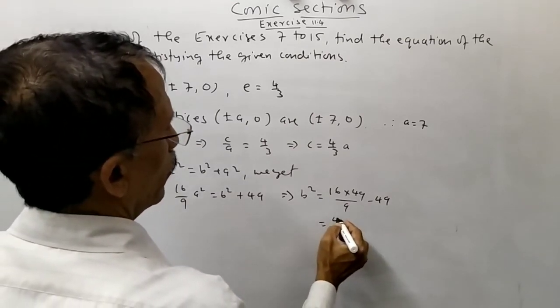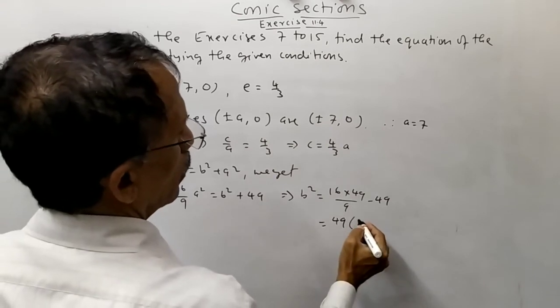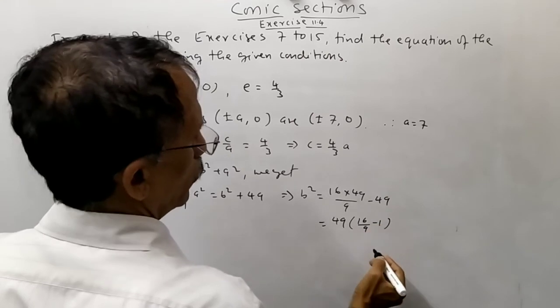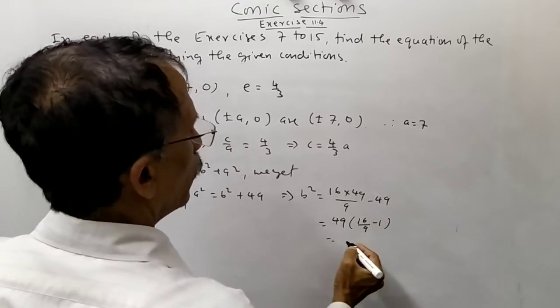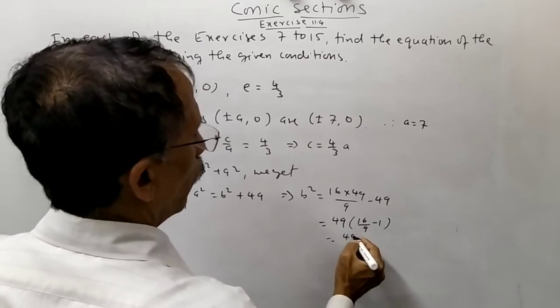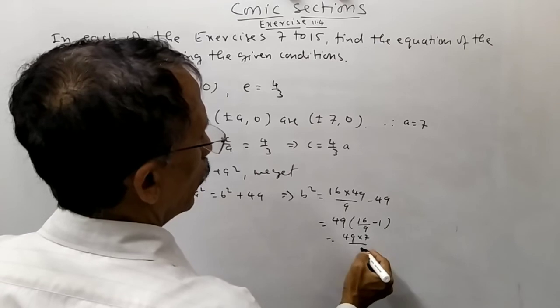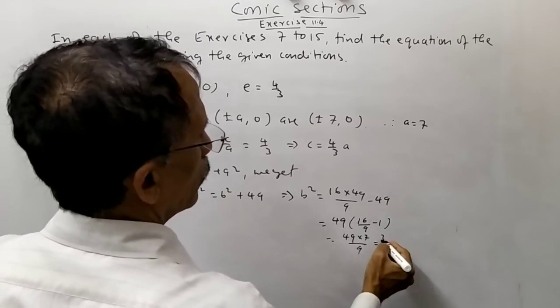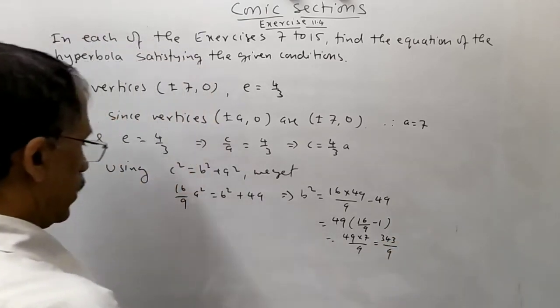So if you take 49 common, then you will get 16 by 9 minus 1 using distributive property. This is equal to 49 into 7 all divided by 9, which is equal to 343 divided by 9.